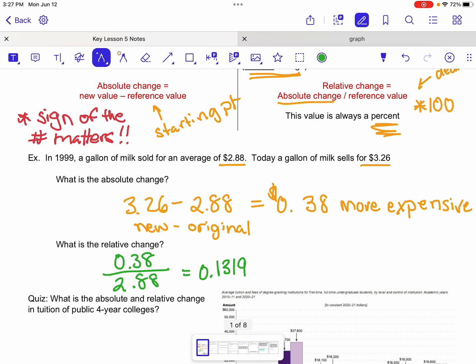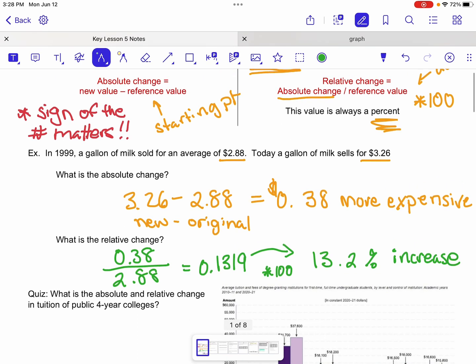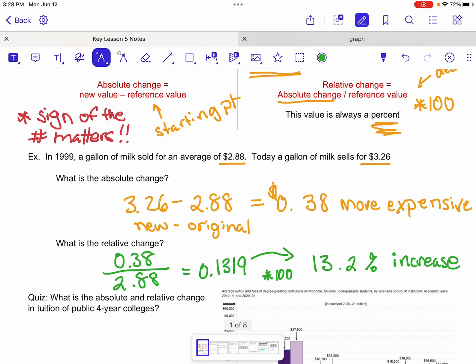Typically with percents, we round to the nearest tenth of a percent, so that would be 13.2, because there's a 1 there and the 9 next to it, so we round it up, percent. Remember, to get from a decimal to a percent, we just multiply by 100. So 13.2%, and we do say increase, because as I mentioned earlier, the signs matter. This is just a really quick example of absolute versus relative change.